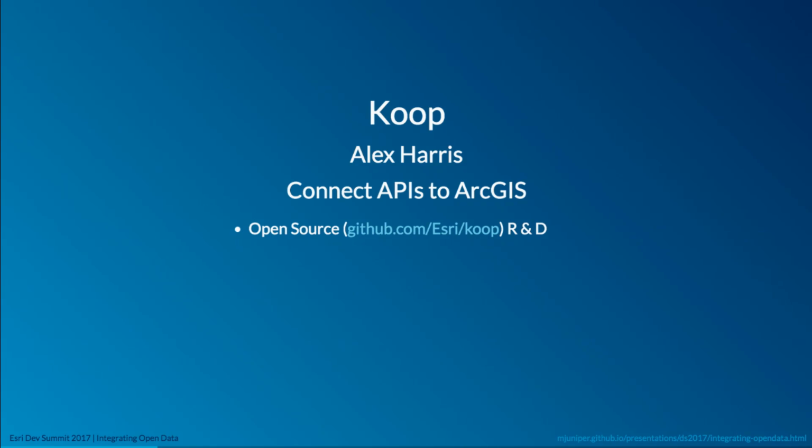It's open source. We have a repository, Coop. We also have a GitHub org, Coop.js, so anybody can take a look at what we're doing there. It's written in Node.js. It's basically an Express app with a special middleware for doing the translation. And again, as I described, it converts third-party APIs into feature services.